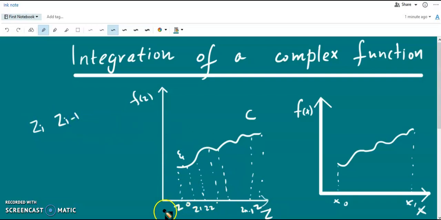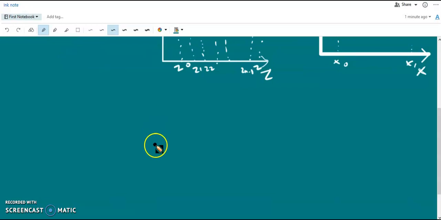Okay, z1 and z0, here zeta 0, here zeta 1. So zeta i is a point defined on the curve between z i and z i minus 1.